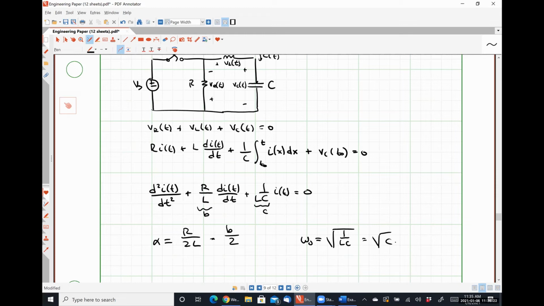We can determine alpha and omega simply by the coefficients of our second order differential equation, which means if we can come up with a second order differential equation for either the voltage drop over a capacitor or the current flowing through an inductor, we can generalize this result to any RLC circuit, regardless of whether it is a series RLC circuit, a parallel RLC circuit, or other.